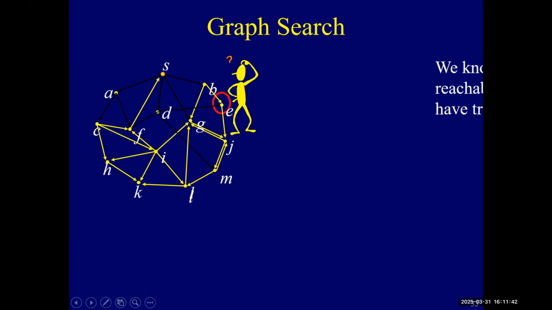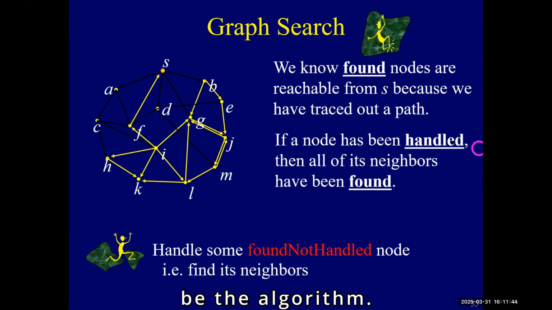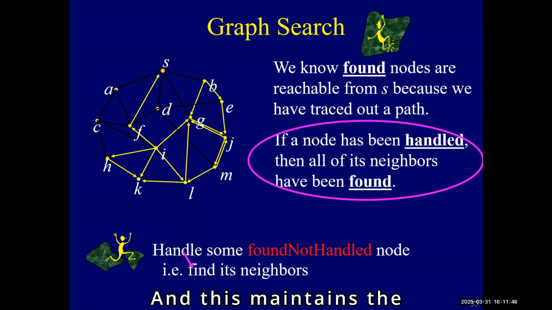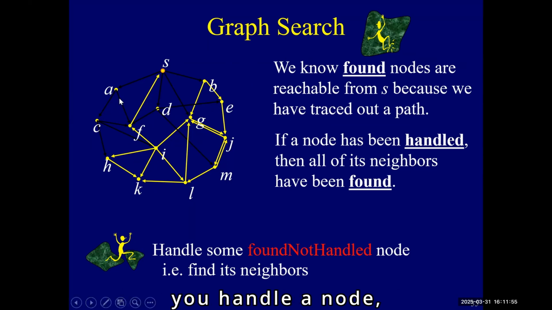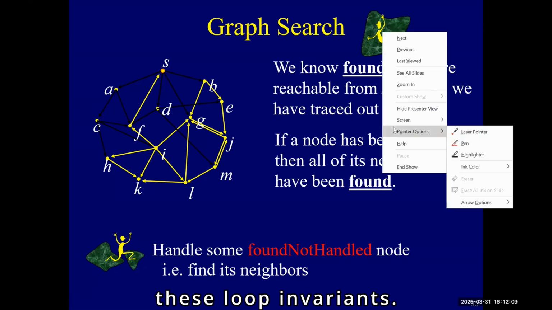And that's going to be the algorithm. This maintains the loop invariant, because when you handle a node, you find its neighbors, which you know are reachable, and you make sure its neighbors are found. So we're maintaining these loop invariants.